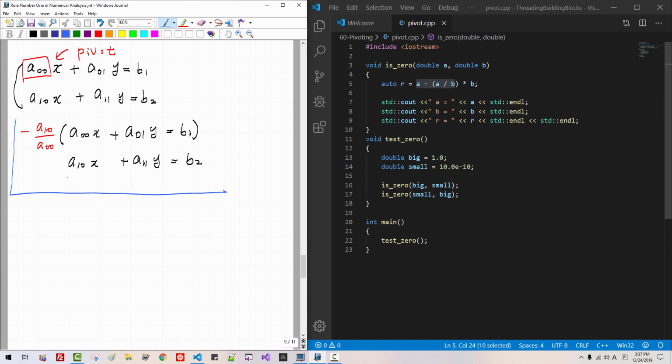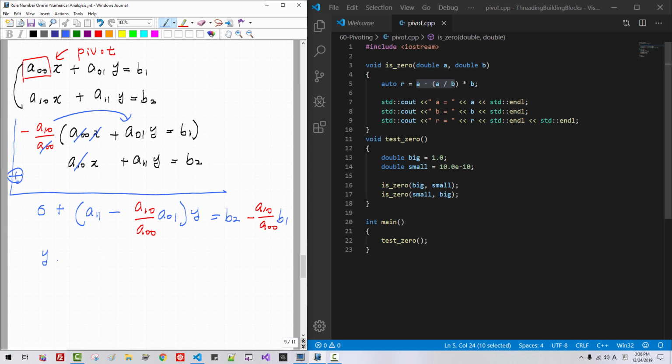We add them together. This term cancels out, minus a10 x cancels out to 0, plus a11 minus, we distribute, a10 over a00 a01 y equals b2 minus a10 over a00 times b1.